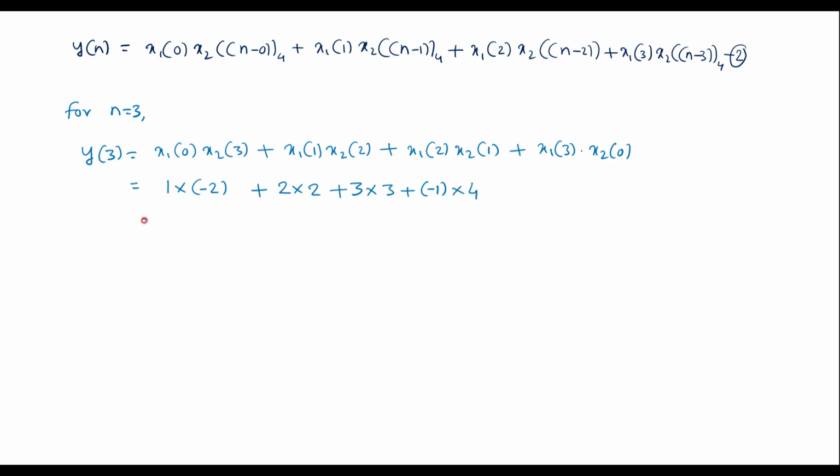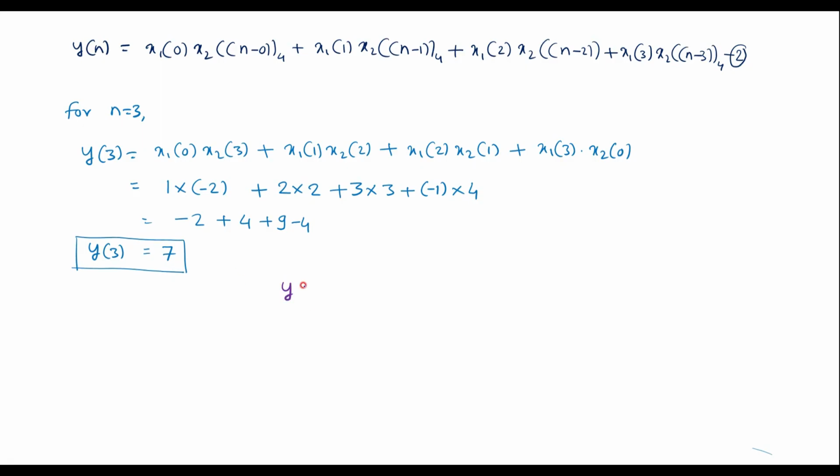Let's simplify this. This is minus 2 plus 4, 3 into 3 is 9, minus 4. So 13, 11 minus 4, 7. That is y of 3 is equal to 7.